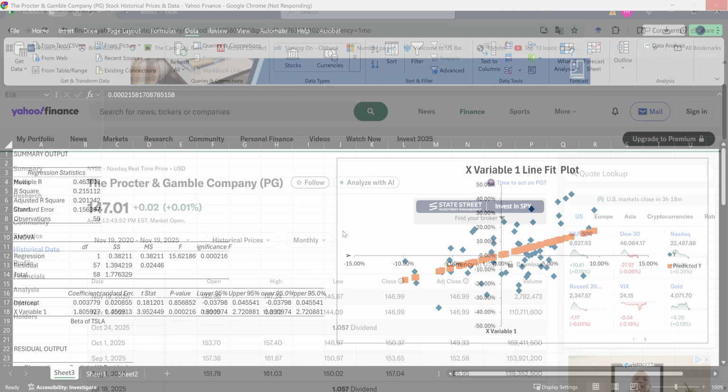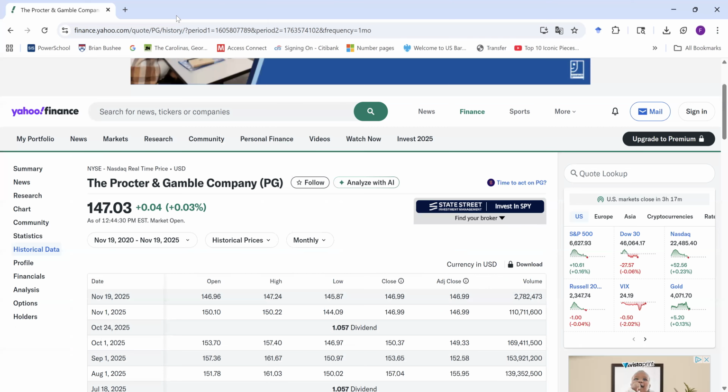Now it seems the issue is with my laptop. Okay, hopefully it works this time. So I'm trying to copy the data.